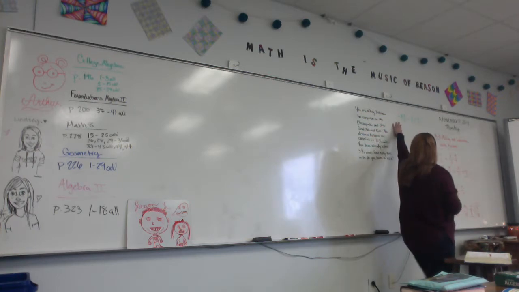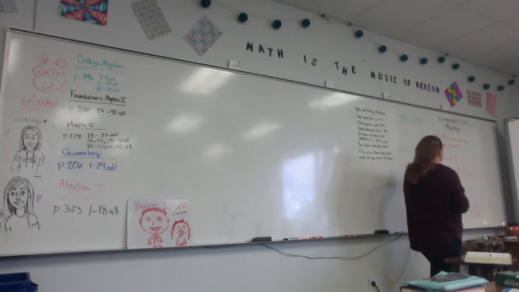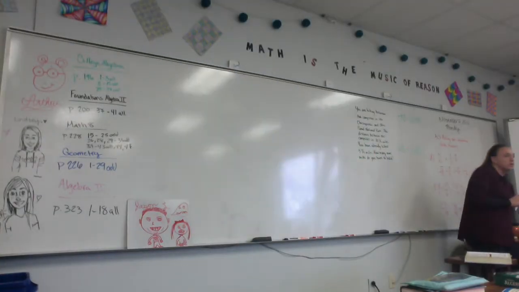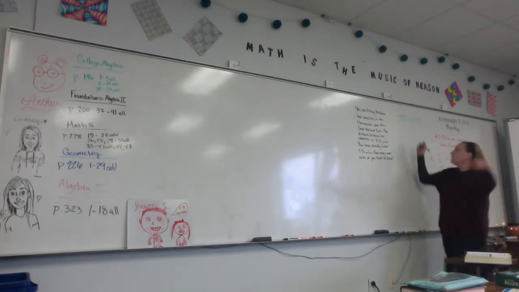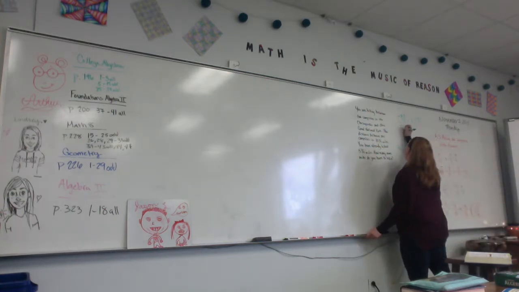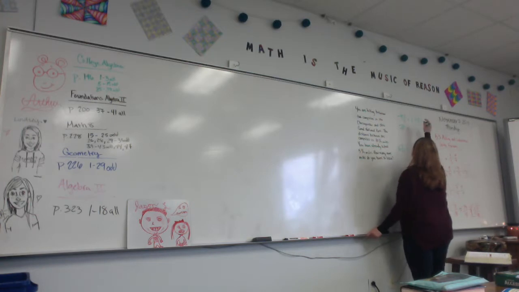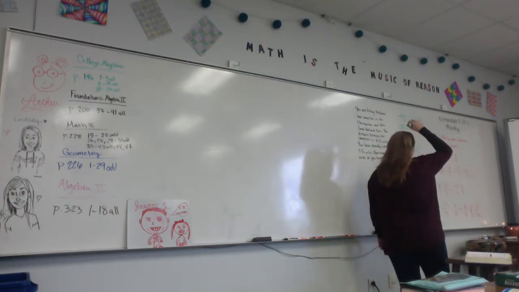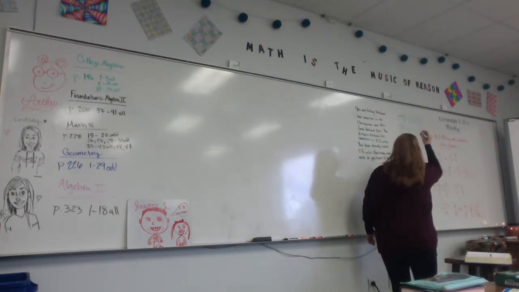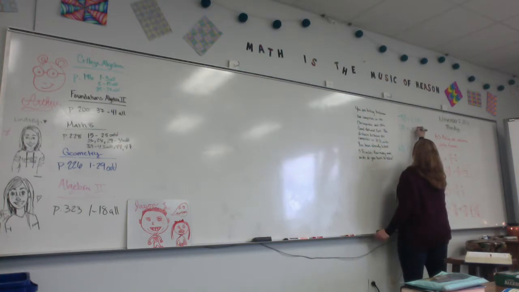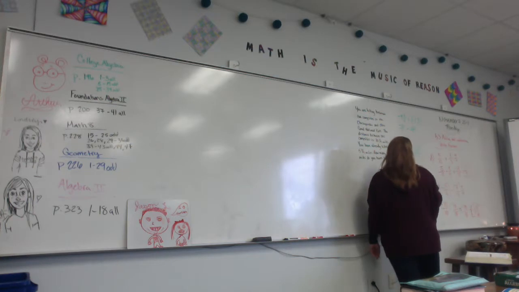So what does this change to improper fraction wise? What's negative 4 and 2/5 change to? Negative 22 over 5. And then what does negative 2 and 6/11 change to? Negative 28 over 11. 2 times 11 is 22 plus 6.